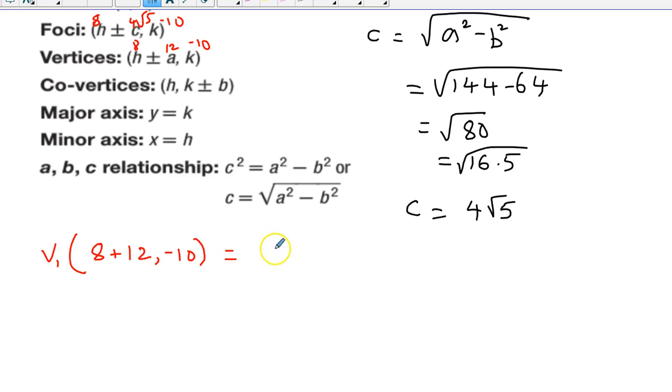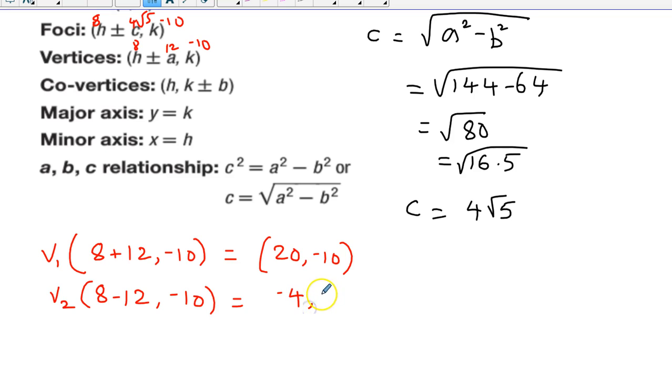That gives me 20 comma negative 10. That is the first vertex. The second one, V2, is 8 minus 12 comma negative 10. That is negative 4 comma negative 10.